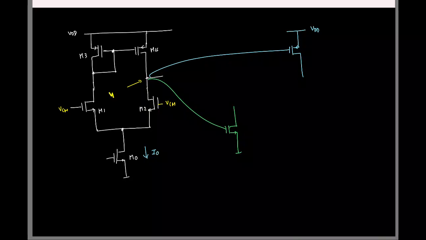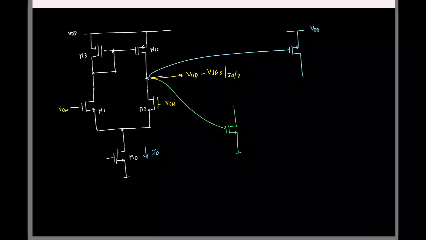VGD minus VSG of M3 at a current I0 by 2. We remember that if both these voltages are equal, even these two voltages have to be equal. We saw this by contradiction, and this voltage was basically, I'll write it here: VDD minus VSG of transistor M3 or M4 at a current I0 by 2.